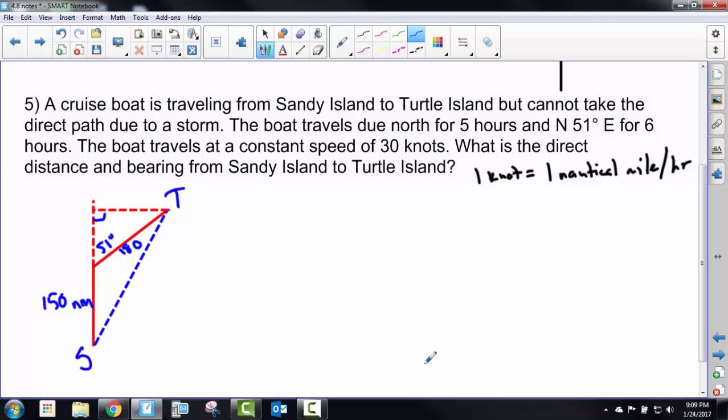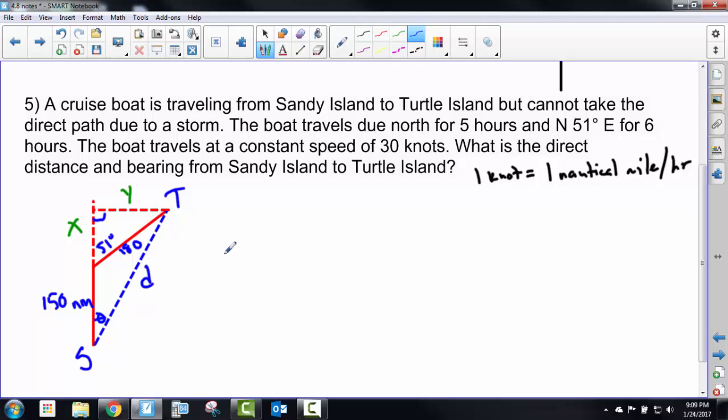All right, what is the direct distance and bearing? So here's what I'm going to suggest. In order for us to find the distance, I'll just call that D right there, and the bearing, which means we're going to have to eventually find this angle right here. I actually need to use this little triangle we formed up here. I'm going to call this side X and this side Y. It doesn't matter what you call them, but we need variables there, because if we can find those two, we'll be able to use Pythagorean, and we'll be able to use some inverse trig.